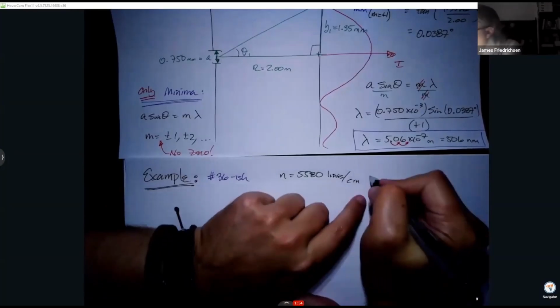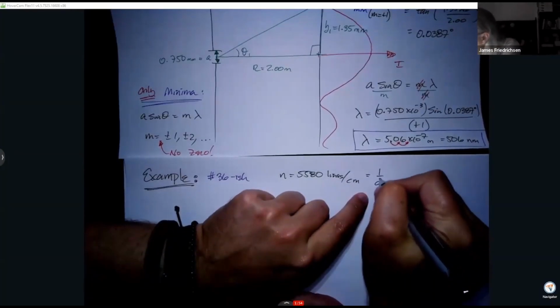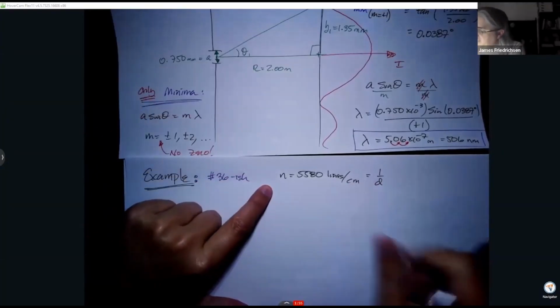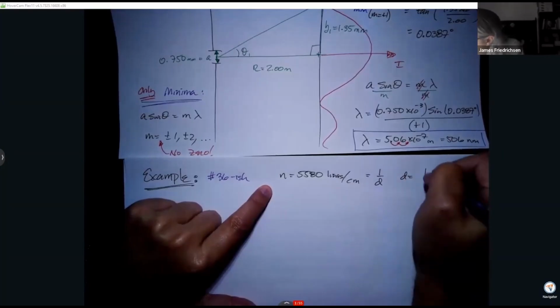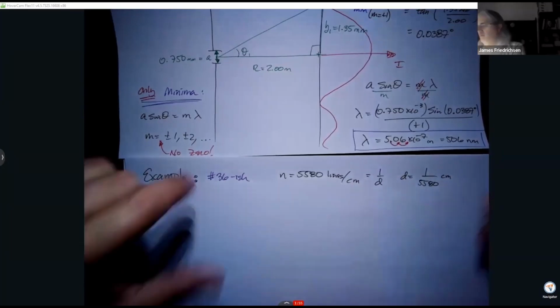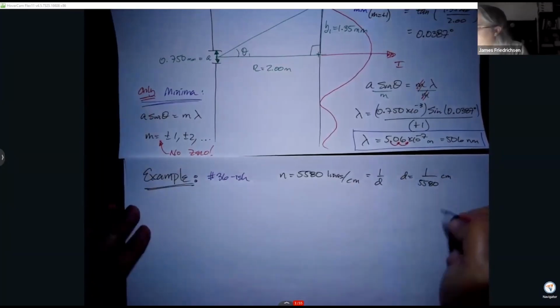So what we're going to start off with is calculating the reciprocal to get the adjacent spacing. So d is 1 over 5,580, but then this will be in centimeters, and then we'll convert that into meters.